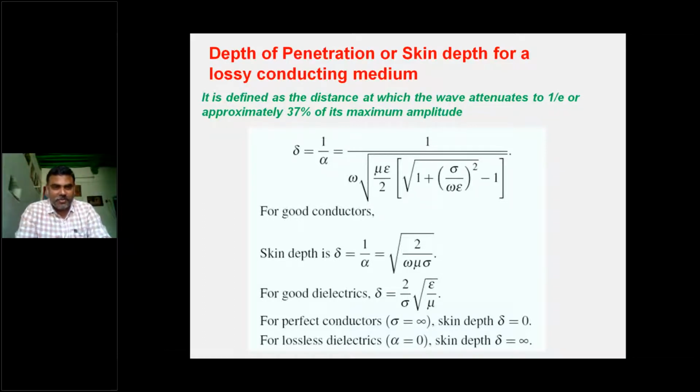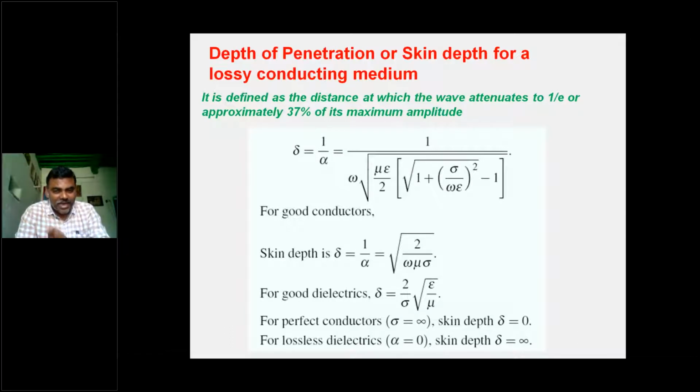For the good conductors and good dielectrics, whatever the alpha formula in the previous slide, we just have to replace that, then you will get the skin depth. So skin depth for the good conductor is given by root of 2 by omega mu sigma. See, for the good conductors the skin depth is inversely related with the frequency. That means for higher frequencies the skin depth value is low, and similarly it is inversely related with the conductivity.